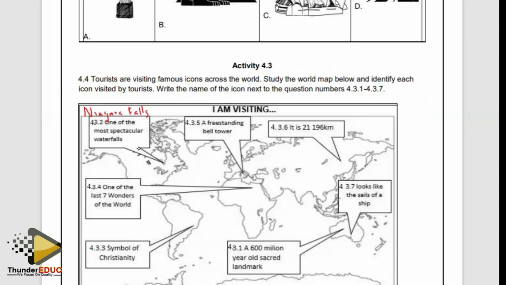Then one of the last wonders of the world, that is the Egyptian pyramids, the Great Pyramids of Giza. Then a symbol of Christianity, that is the statue of Christ the Redeemer.